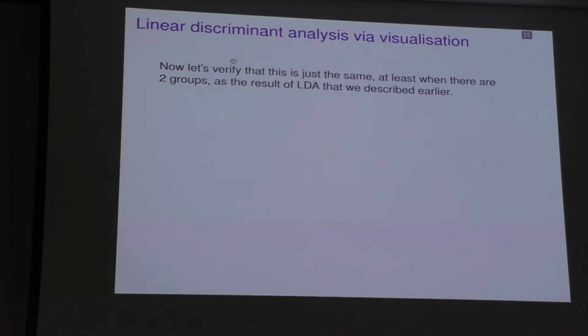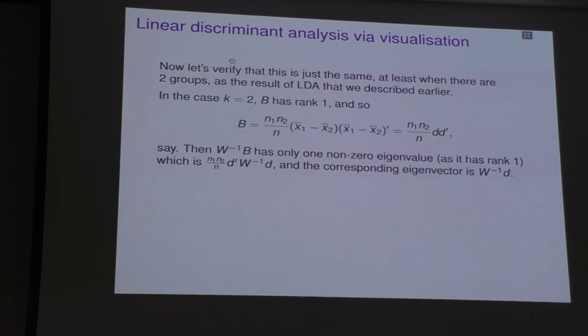Let's end very quickly then by just indicating that if you've got only two groups, then this eigenvector eigenvalue calculation is going to give you exactly the same discriminant function as we found earlier. So when k is 2, it turns out that our between groups variance has a rather simple form.